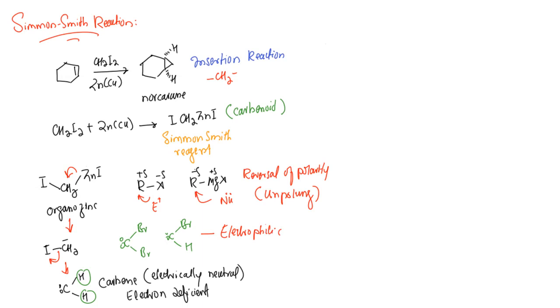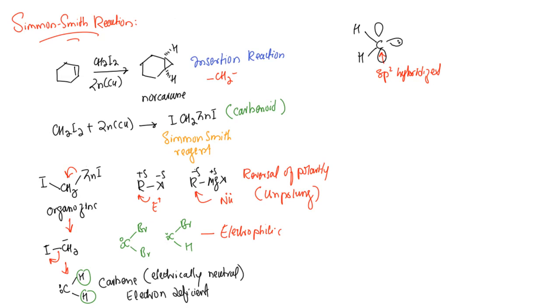If we focus on the geometry of carbene, the carbon atom is sp2 hybridized. We have one unhybridized p orbital as well, which lies perpendicular to the plane formed by the 3 sp2 hybridized orbitals.